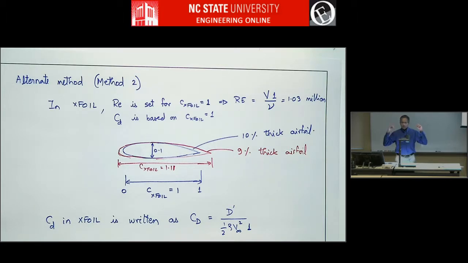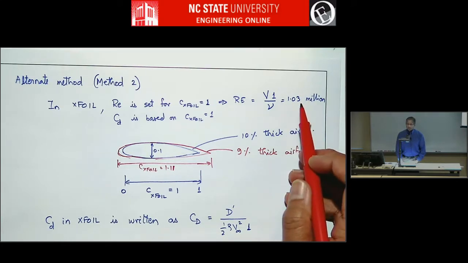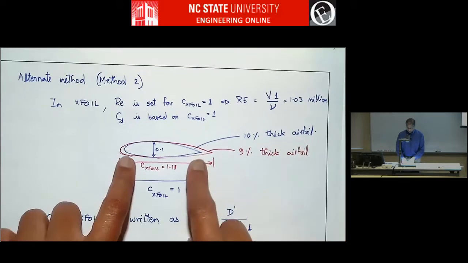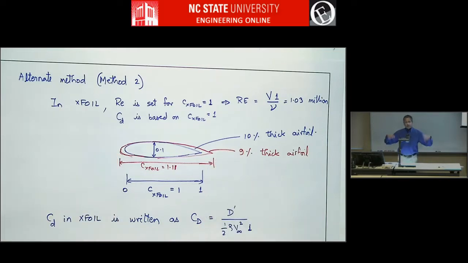So then you're telling X-foil, go analyze this airfoil with a chord of 1.11, and if you do it that way, you don't have to change the Reynolds number, because X-foil defines this Reynolds number for a unit chord, and if the chord is 1.11, the aerodynamic Reynolds number will automatically become larger.